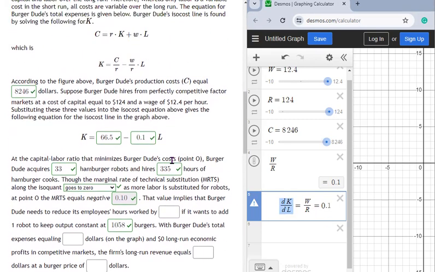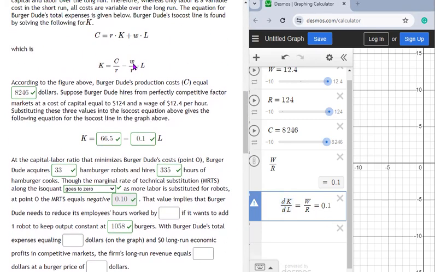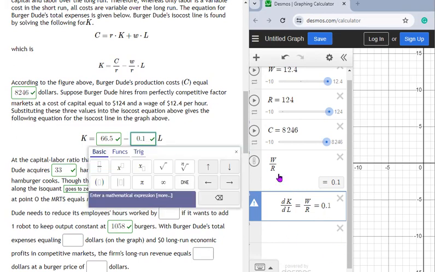And the slope of the isocost line is W over R, the unit price of capital, right? It's just that ratio. And that ratio is 0.1, right? W divided by R is 0.1.